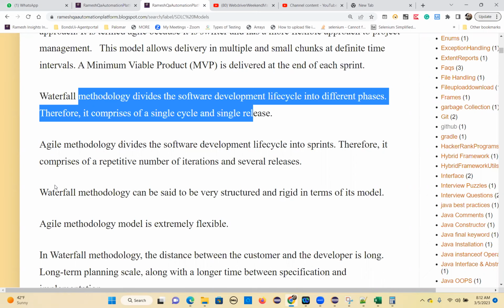Waterfall methodology can be said to be very structured and rigid in terms of its model. Agile methodology is extremely flexible: how many days you want and which feature has to go.